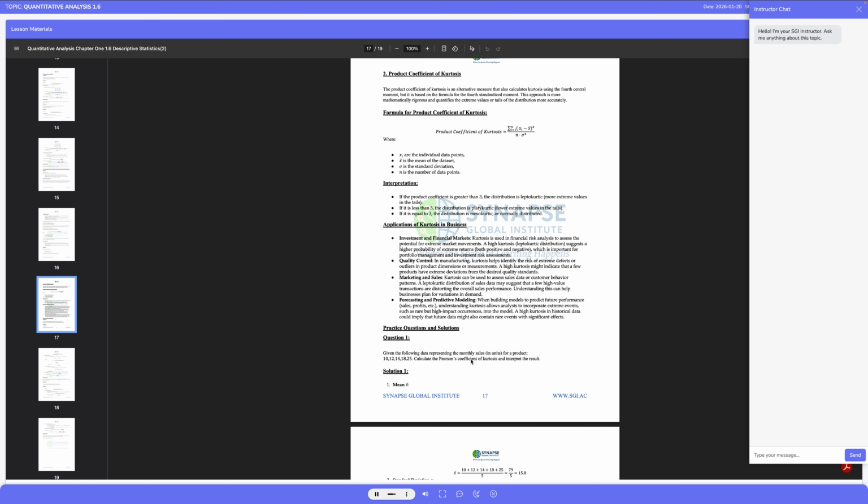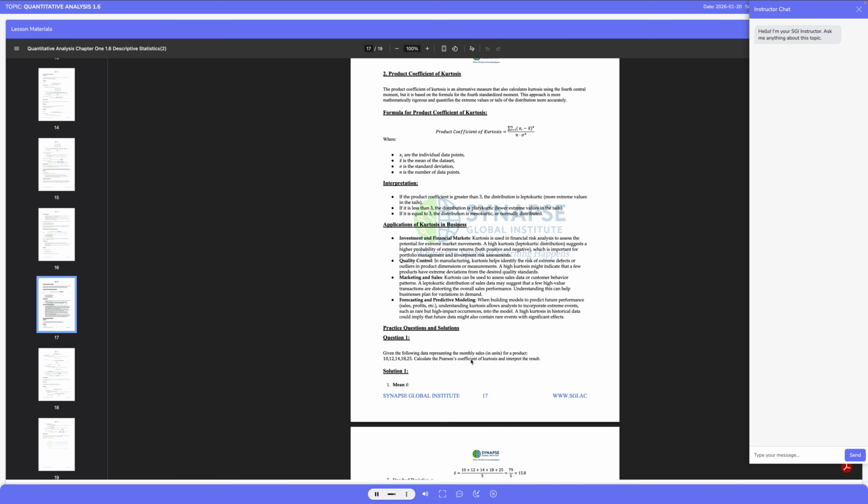It is calculated by taking the sum of the fourth powers of the deviations of each data value from the mean, and dividing this sum by the number of observations multiplied by the standard deviation raised to the power 4. Under this measure, a value of 3 corresponds to a normal, or mesokurtic, distribution. Values greater than 3 indicate a leptokurtic distribution, while values less than 3 indicate a platykurtic distribution.